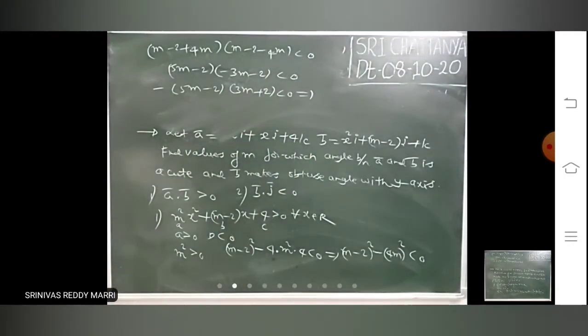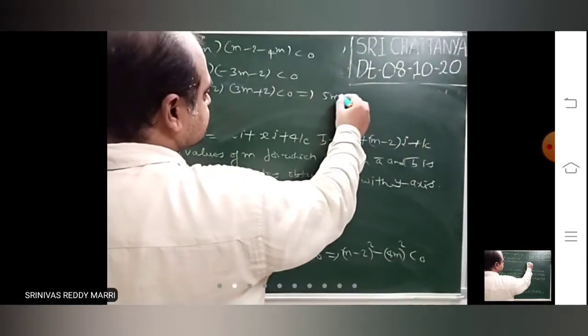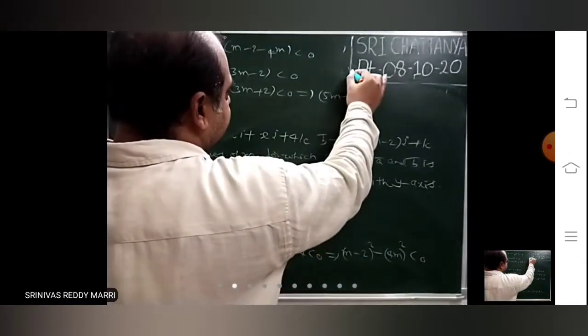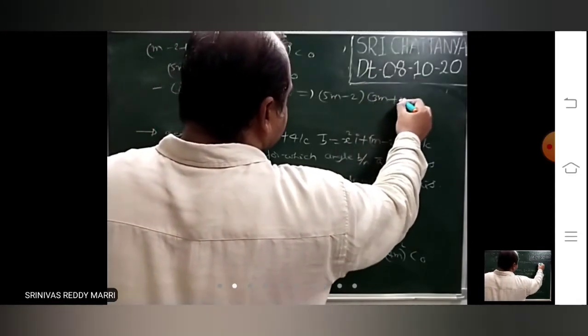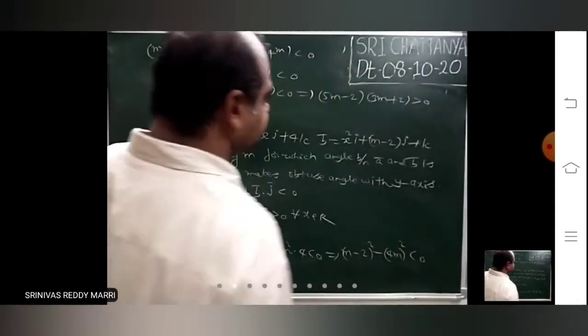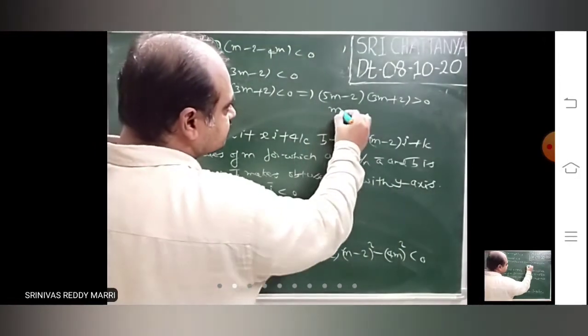That implies, multiply by minus on both sides, (5m minus 2) into (3m plus 2) greater than 0. This is a quadratic inequality. Find the roots.